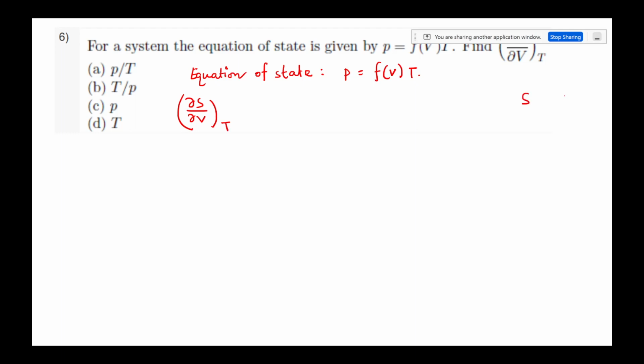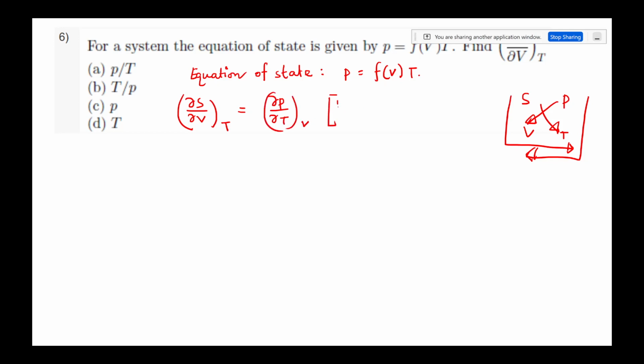Again, write down this expression. So del S del V at constant T, that means we have to find del P del T at constant V. Both are in the same direction. So del S del V at constant T will be del P del T at constant V. So this is using Maxwell relation.